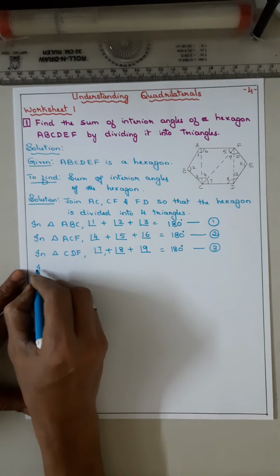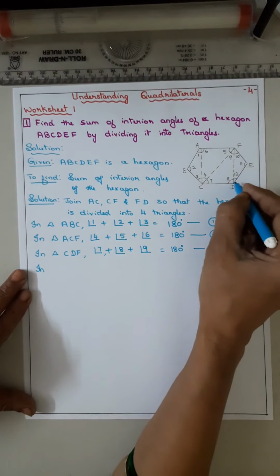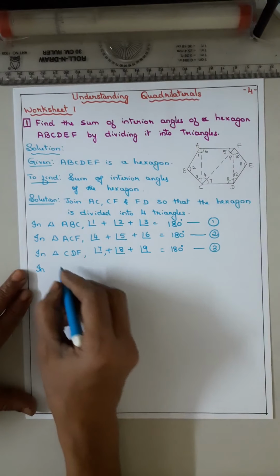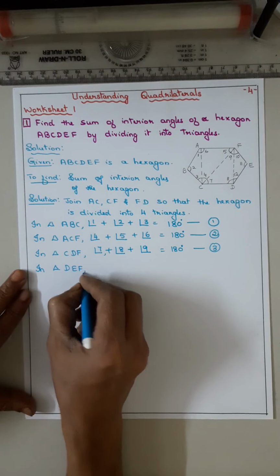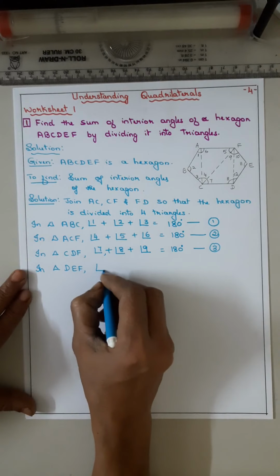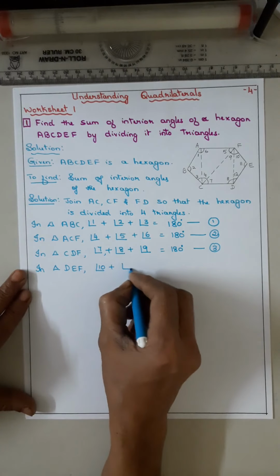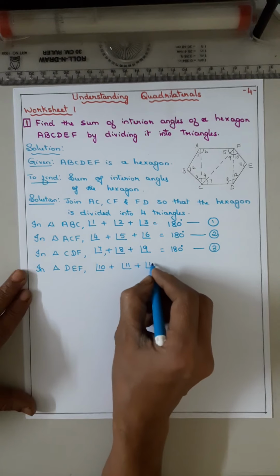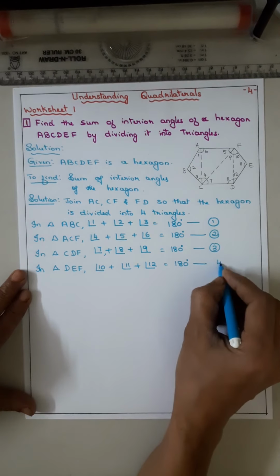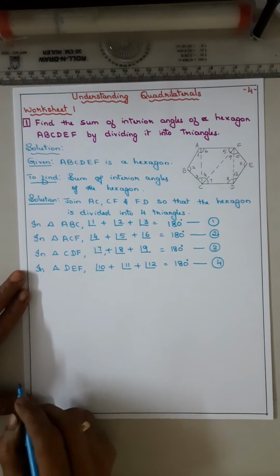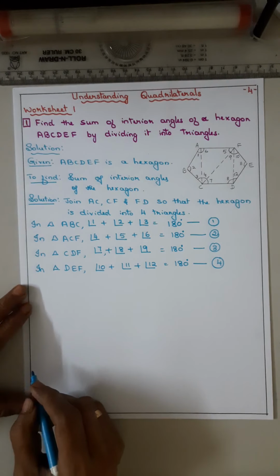Now the last triangle is DEF. Which are the angles? Angle 10 plus angle 11 plus angle 12, again it is equal to 180 degrees. So you got the 4 triangles.